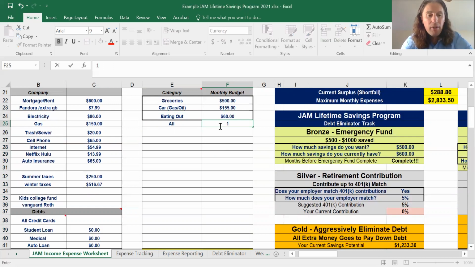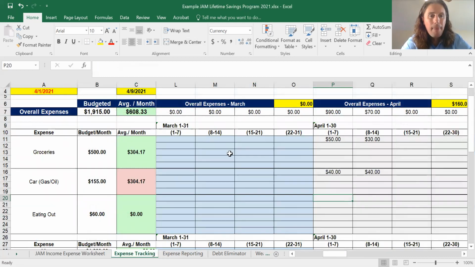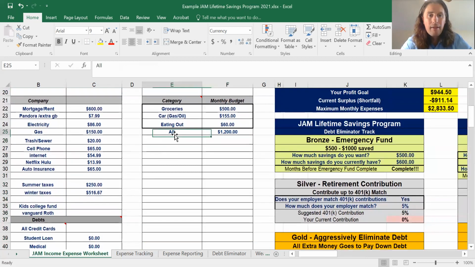We're going to make the number $1,200. And when you do your expense tracking here, you can just do one category and put all of your expenses in one category. Let's go back here.